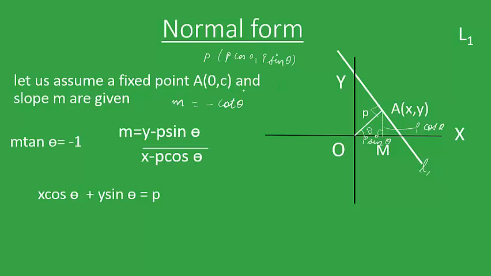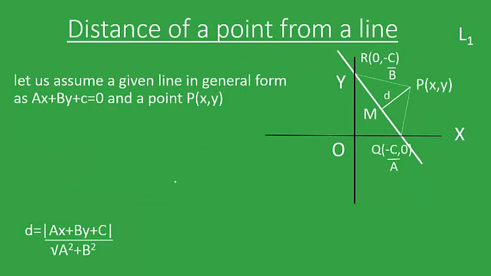After this, it is reduced to the first form, where we have the point and the slope of the line. So by simply writing the slope by taking the unknown point and the point P here, we have the slope as y minus p sin theta upon x minus p cos theta equal to minus cot theta. After a simple manipulation by just rearranging the terms, we'll have the equation as x cos theta plus y sin theta equals to p.